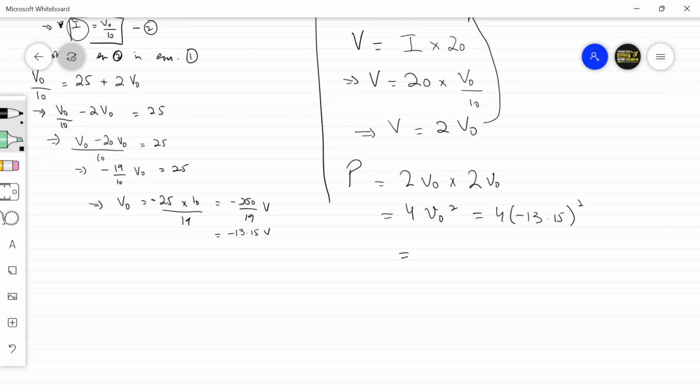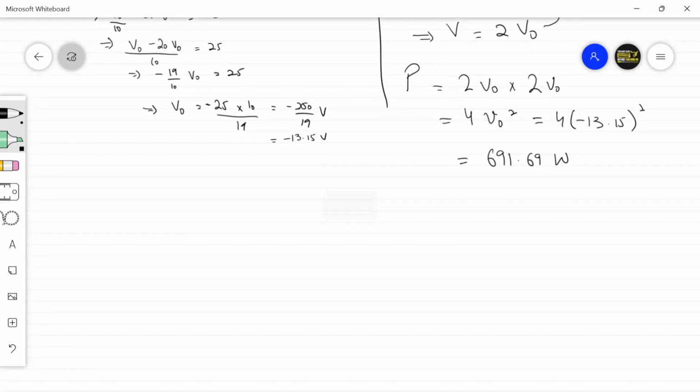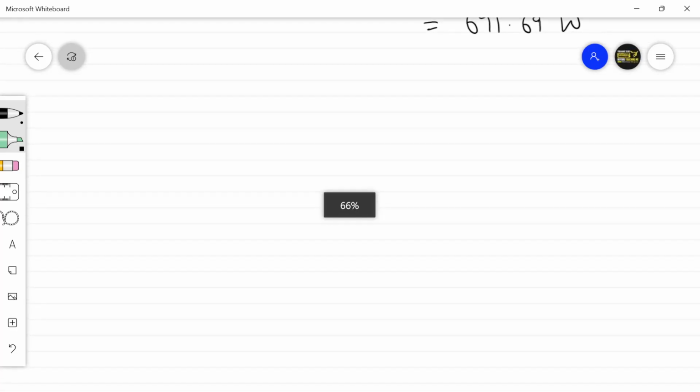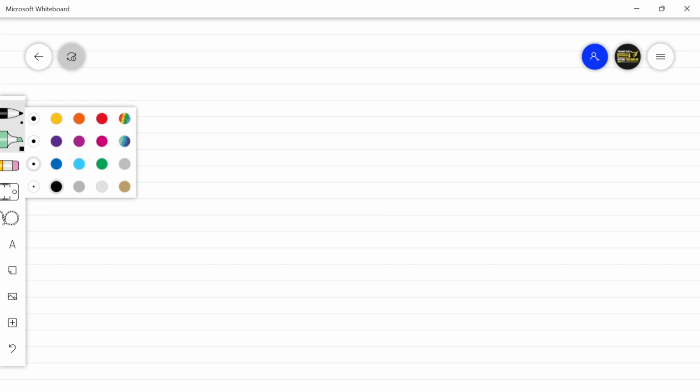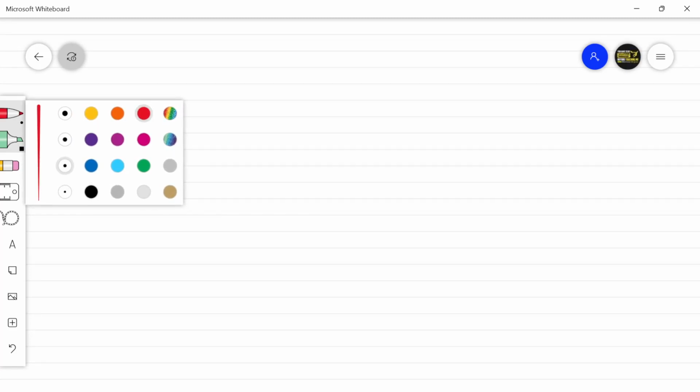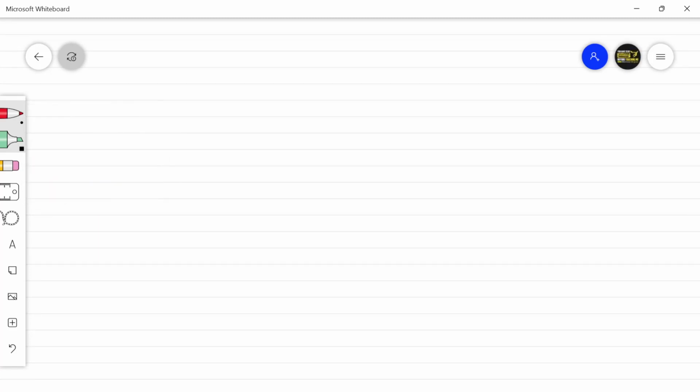Let me calculate this, 4 into 13.15 into 13.15, that is 691.69. So this is the amount of power absorbed by the dependent current source. So let's move on.